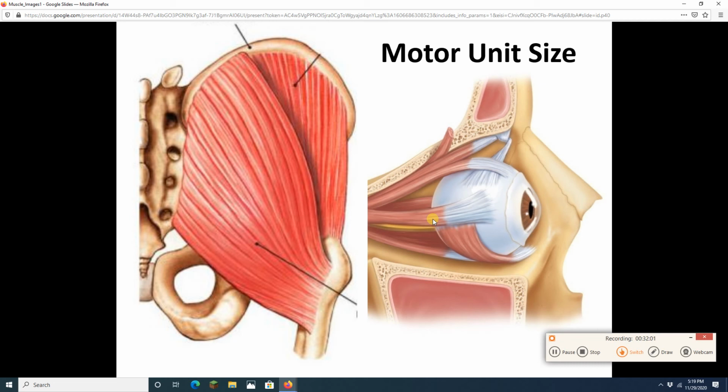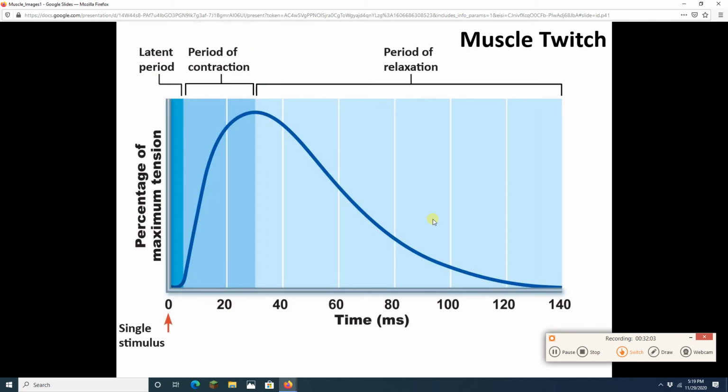All right. Cool. New topic, guys. New topic. Related, but still new. When we get a muscle fiber to contract, just to have one contraction and then relax, that's called a twitch.